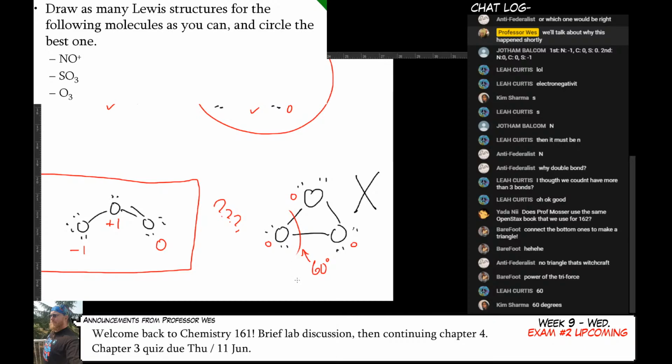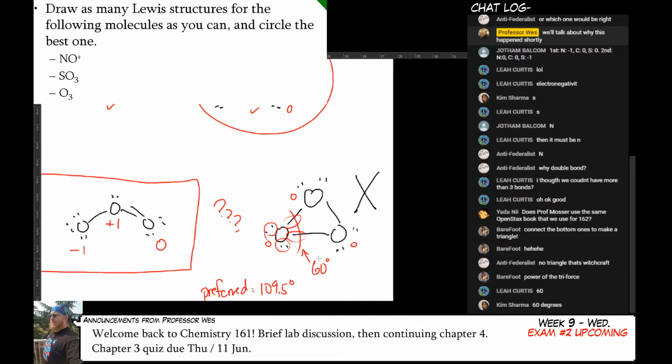What we're going to learn later on is that the preferred bond angle for oxygen, or any atom really that has 4 things coming out of it, 2 of these are bonds and 2 of them are electron pairs, because electron pairs take up space too, right? This is the preferred angle, 109.5.